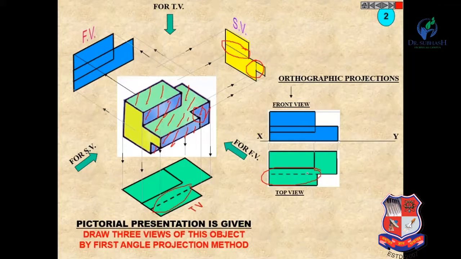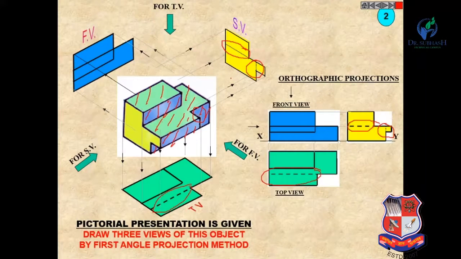Now similarly draw the left hand side view on the right of this front view. Here these two are dash lines. By this way you can draw the three different views.